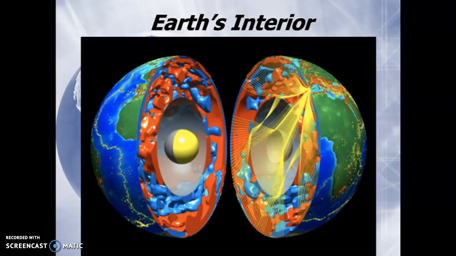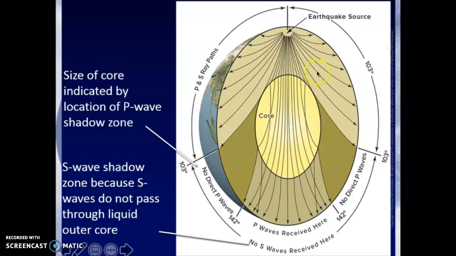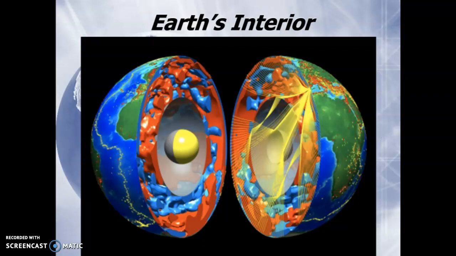So in addition to this simple picture of an inner core, outer core, mantle, and then the very thin crust, we now have been developing three-dimensional pictures of exactly what's going on in the mantle, and that's what this is showing you.